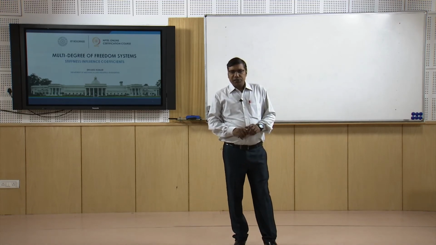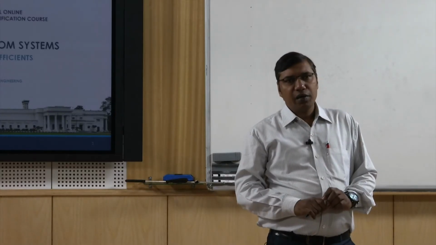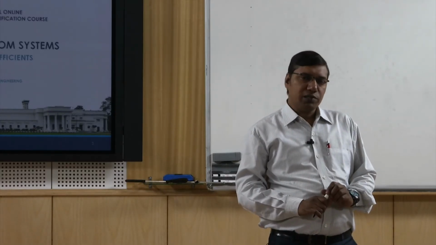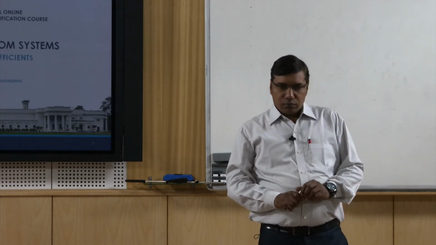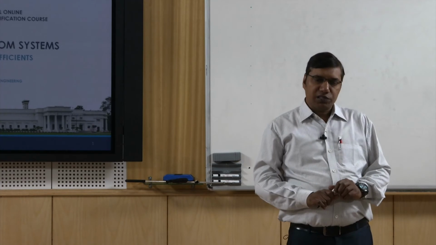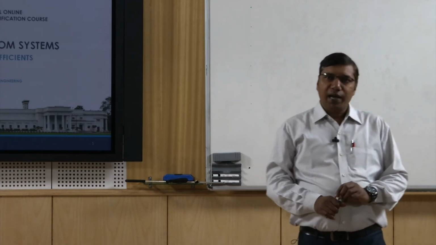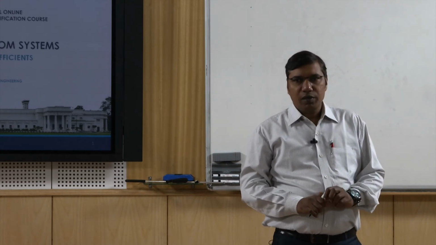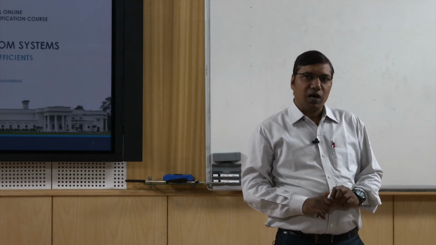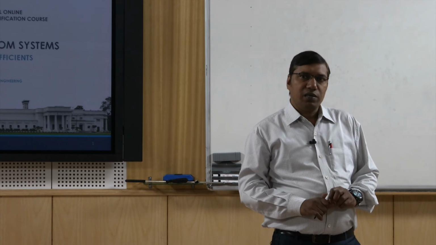So this is what I discussed for the multi degree of freedom system that is undamped. So we only considered the mass and stiffness of the system, but we also have damped systems. So we have all three elements, that is mass, stiffness, and damping elements.